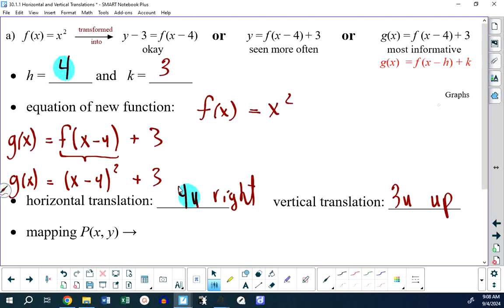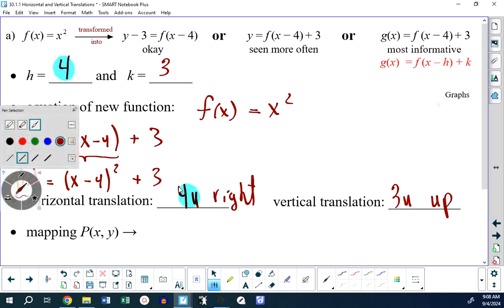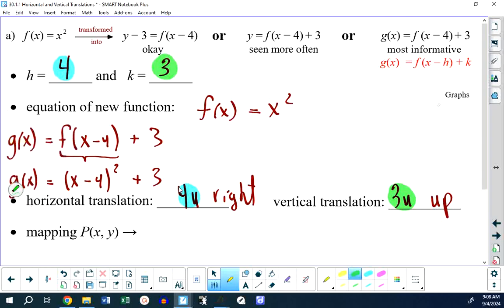Okay, so you'll notice that h is 4 and that k is 3. Eric, what is there, do you think, about h that's telling us it's to the right? What do you mean? Well, why is there a case you think where it might be 4 to the left? If it was negative 4, it'd be to the left. Right.